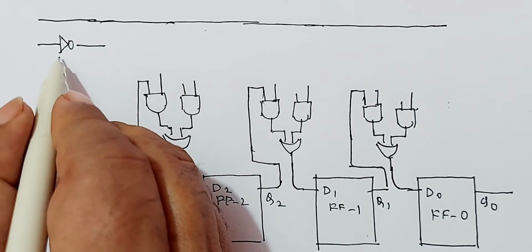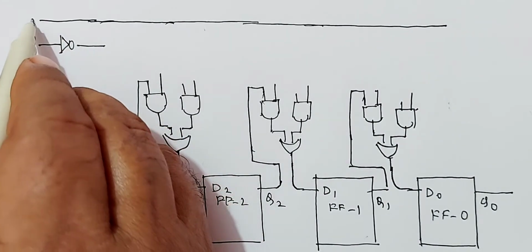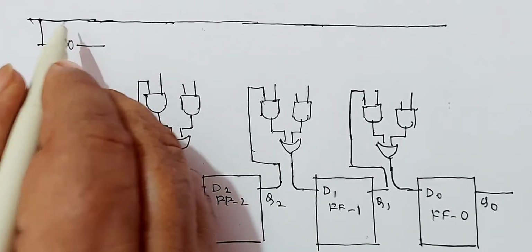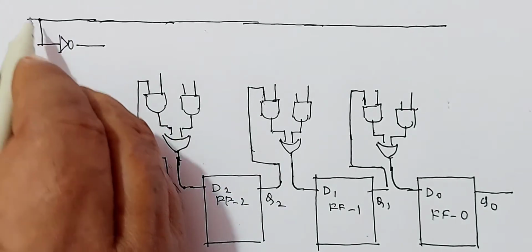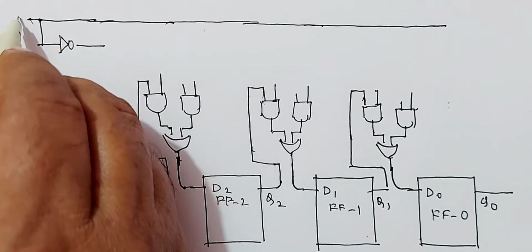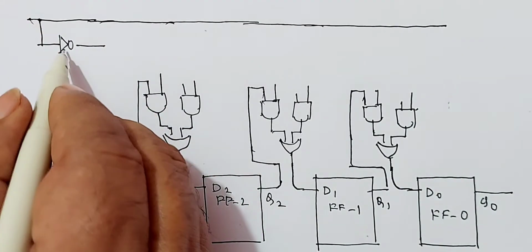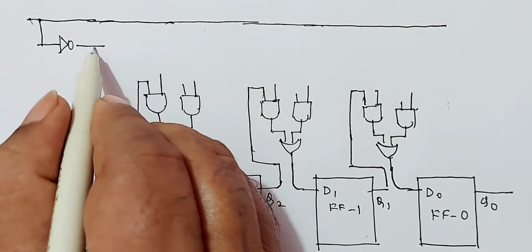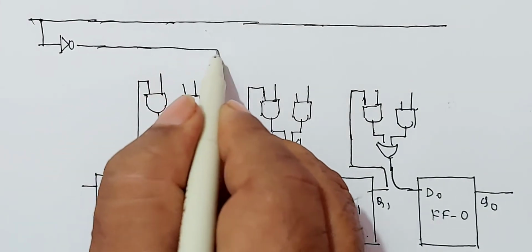This is a complementary line because I have connected this line to this through a NOT gate. If this line is logically 1, it is logically 0. If this line is logically 0, because of the NOT gate, this line becomes logically 1. So consider these two lines.